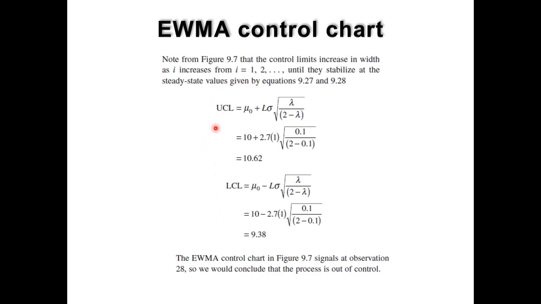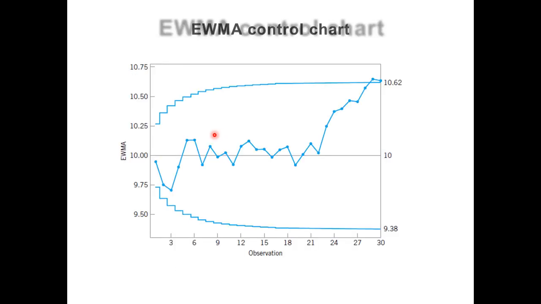So later on, if you look at the EWMA control chart, for the first few values, the upper and lower control limits will be increasing. The gap between the upper and lower control limit is widening as time goes by. As the time period increases, the width also increases.